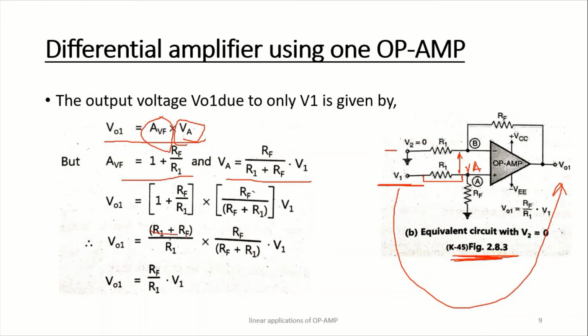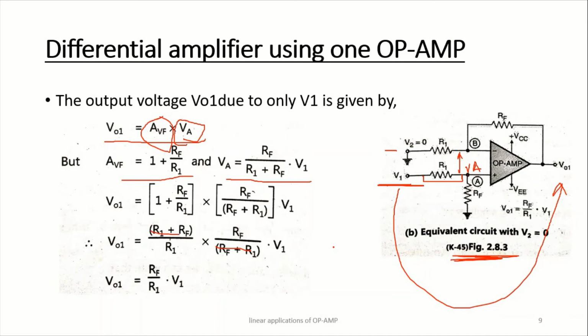R1 plus RF cancel out, so the value we get is RF upon R1 into V1. For only V1 connected, the output is V01 equal to RF by R1 into V1. The positive sign indicates that the input and output are in phase with each other and it is a non-inverting amplifier.